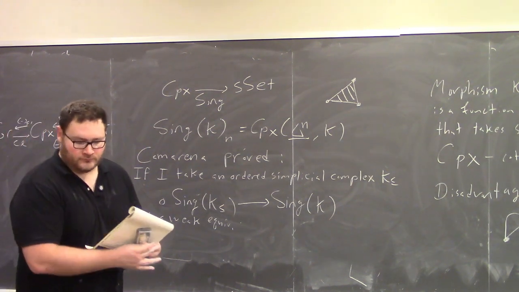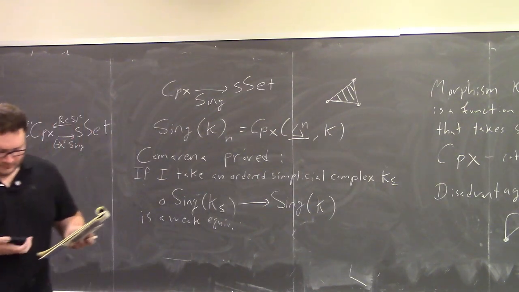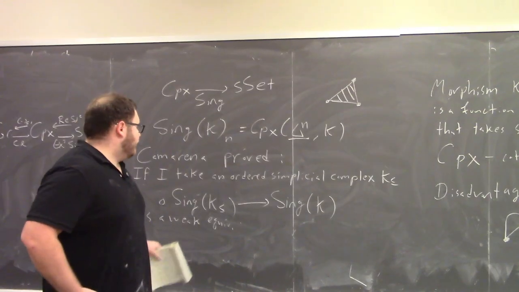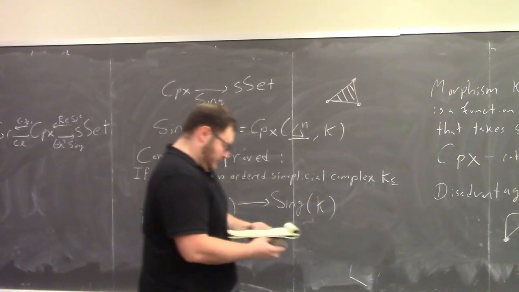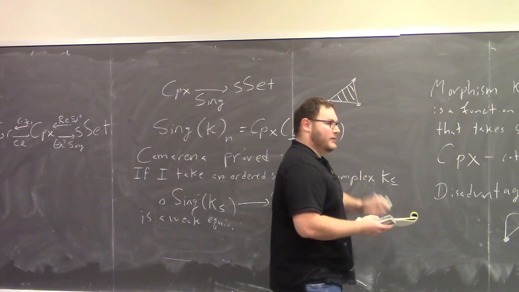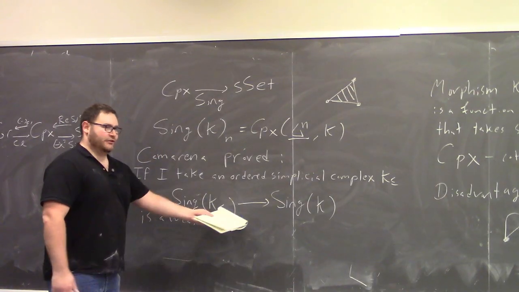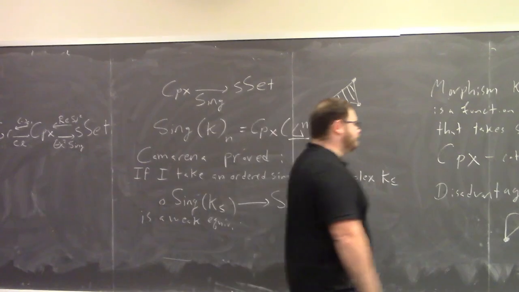How much time do I have? It's 5 to 8. Maybe I'll skip the proof. Which model structures? This is just simplicial sets. Okay, so in the Quillen model structure on simplicial sets.